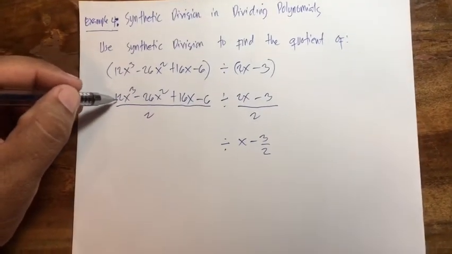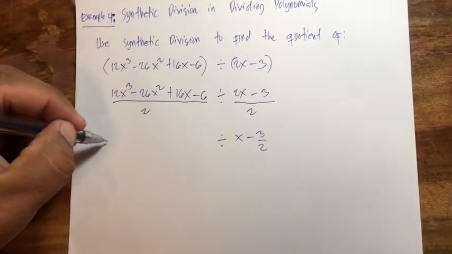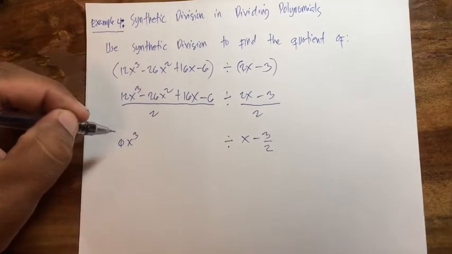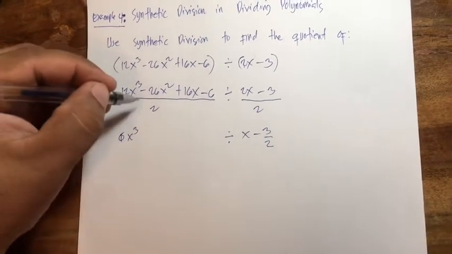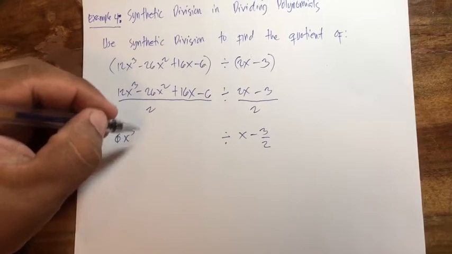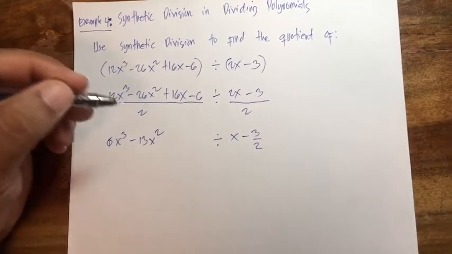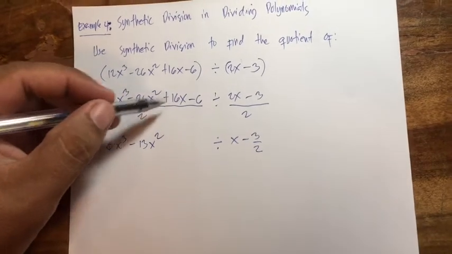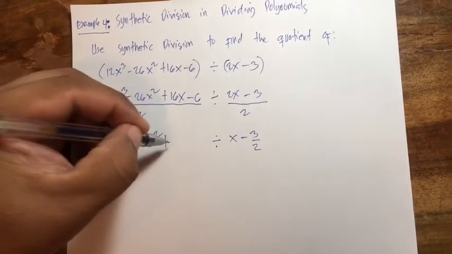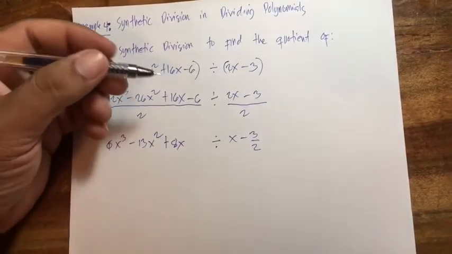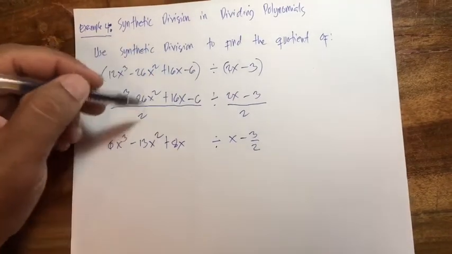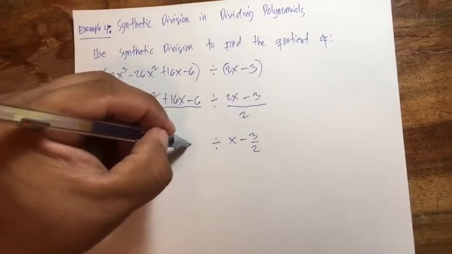So 12 divided by 2 is 6x cubed. Okay? Negative 26 divided by 2 is negative 13x squared. 16 divided by 2, we have 8x. Negative 6 divided by 2 is, of course, negative 3.